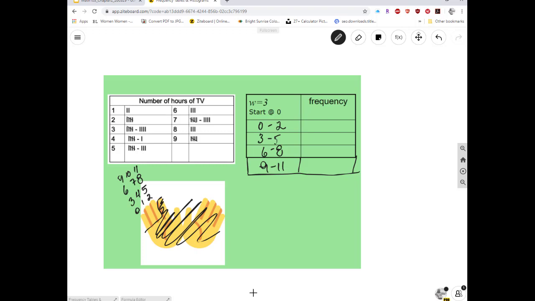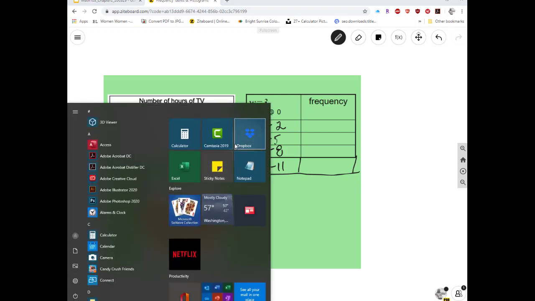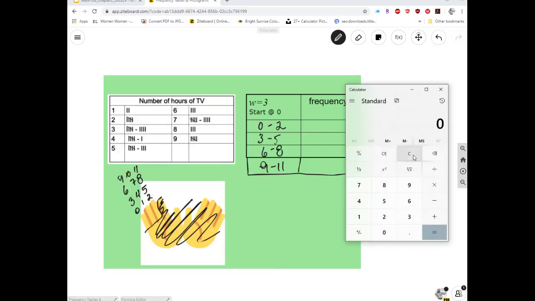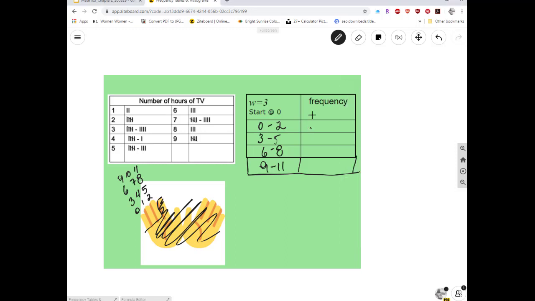So let me get my calculator again, and we're going to add these up. Here it is. All right, clear. Okay, so between 0 and 2, I have 2 plus 5, and that is 7. Didn't really need a calculator for that, but just want to make sure that we're all looking at the same thing. Calculator time again.